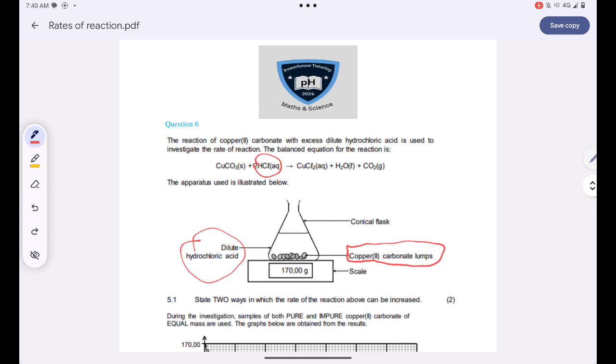If you increase the temperature, the rate of reaction will increase. If you increase the state of division of the copper(II) carbonate lumps, maybe change them from lumps into powder form, the rate of reaction will increase. And if there's an addition of a catalyst as well, the rate of reaction might be increased. So you can choose any of the 5 factors.